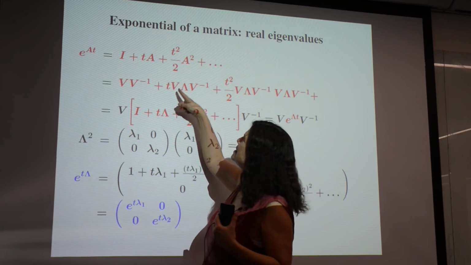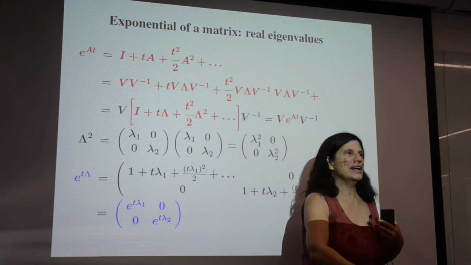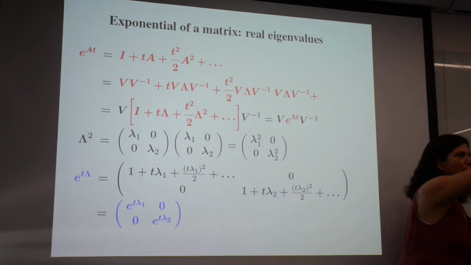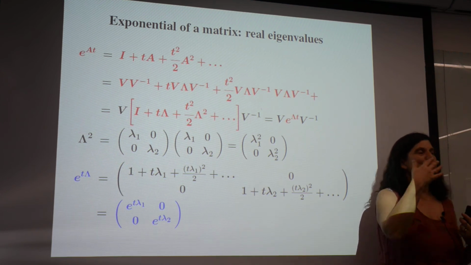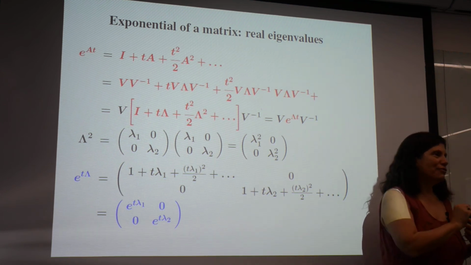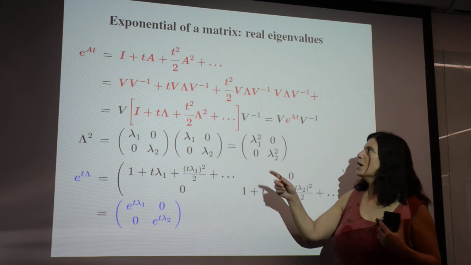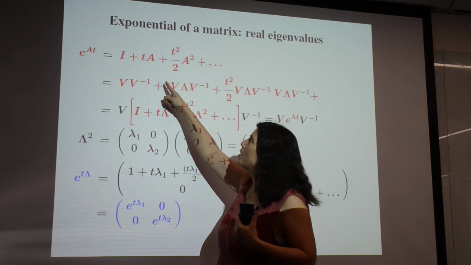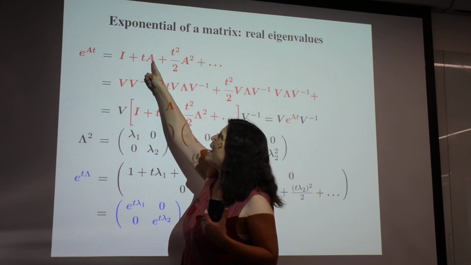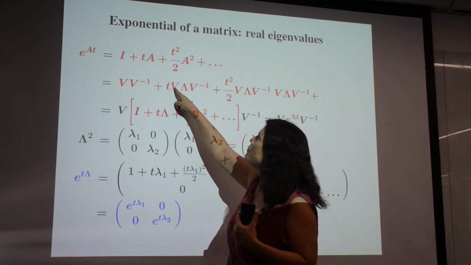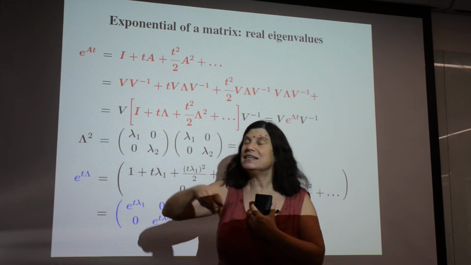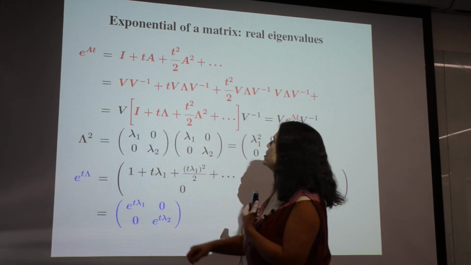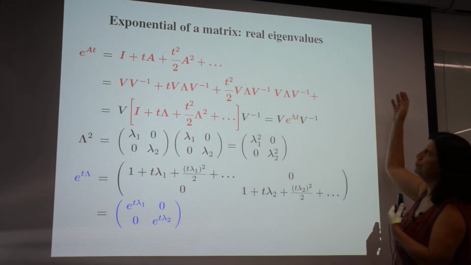V is a matrix that contains the eigenvectors one after another, and V inverse is the inverse of that matrix, which also contains, if you want, the left eigenvectors. So we can substitute for A, every place that we have an A, V lambda V inverse, and we can do that all the way through.